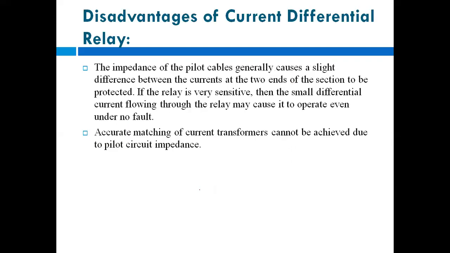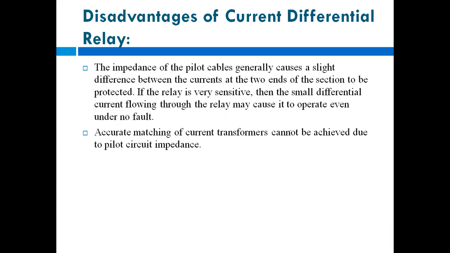Now there are some disadvantages of this current differential relay. In a current differential relay, if some difference of current is flowing through the operating coil, then your relay will start working.